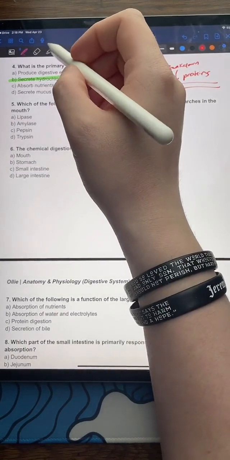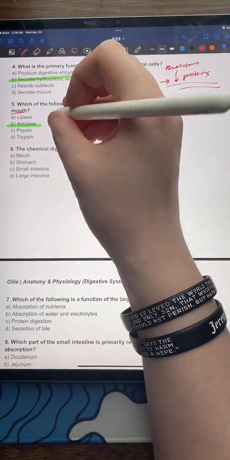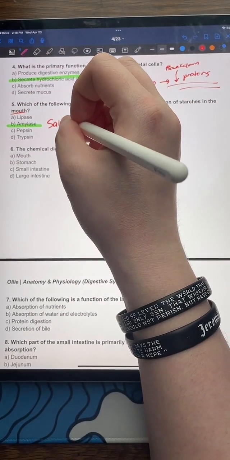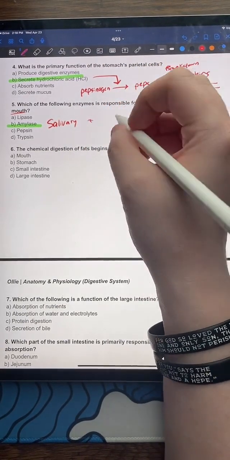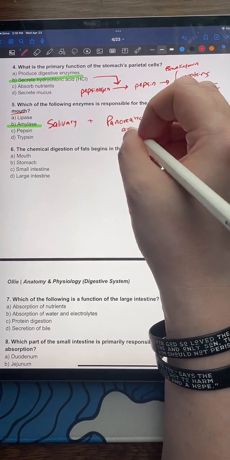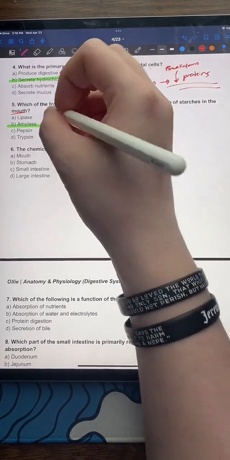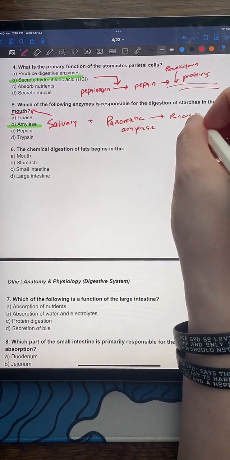The answer is B. It is amylase. And since we're talking about the mouth, this is called salivary amylase. And then if it was coming from the pancreas, it would be pancreatic amylase. So mouth, and then this is from the pancreas.